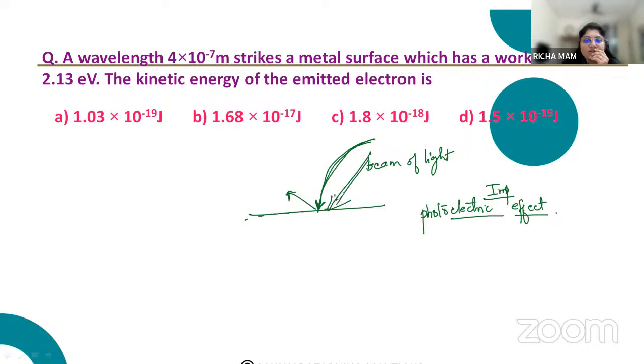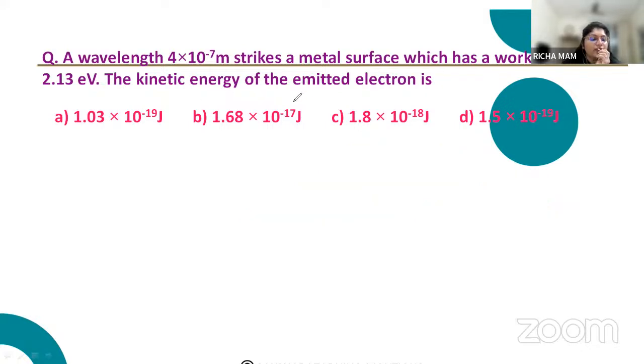When it does, some electrons are ejected, meaning they come out of the metal surface. This effect is called the photoelectric effect.